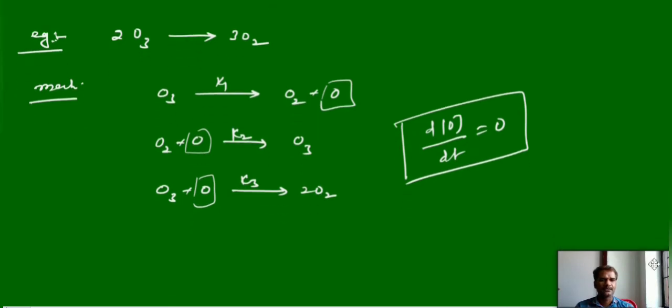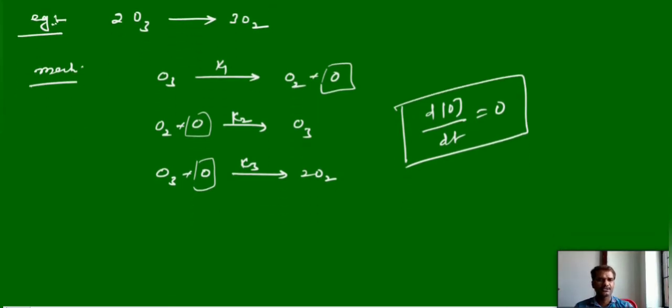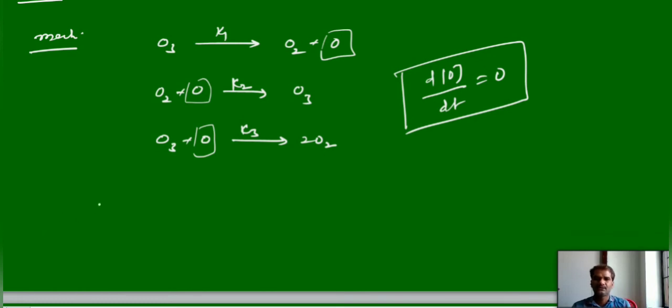Now you write the rate expressions for each reaction. First, the decrease in concentration of ozone, that is the overall rate equation, should be equal to what? In the first case, it is K1 into [O3]. So ozone is involved in the first reaction, but ozone is also involved in the second reaction. We are taking the overall decrease in concentration of ozone.